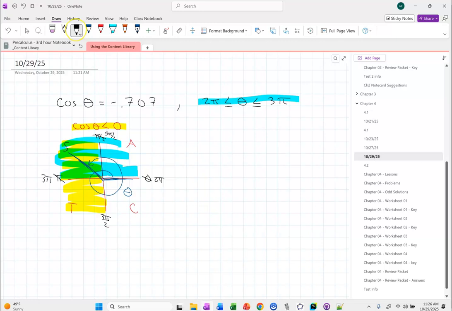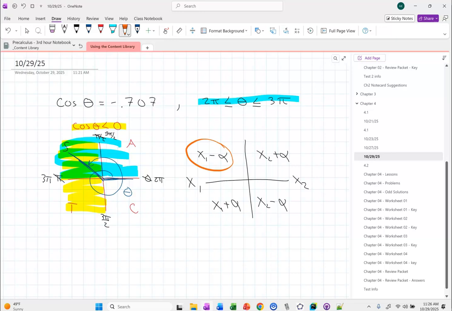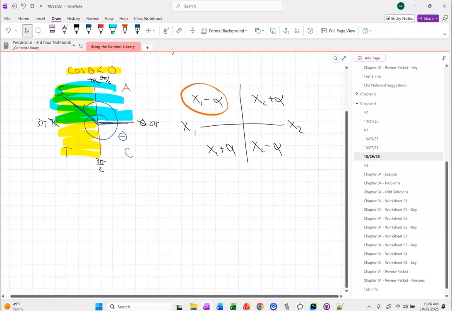Now, since it's in quadrant 2, I can use this formula to find my theta. What is the x1? 3 pi.